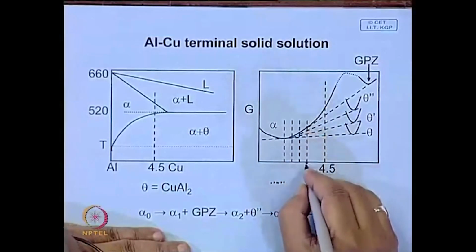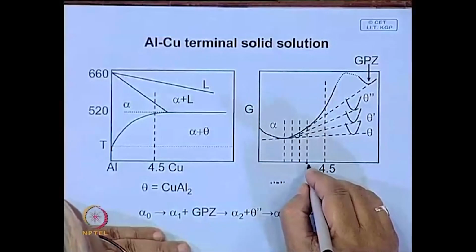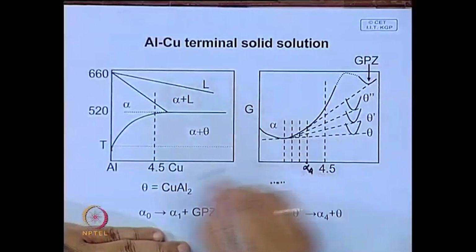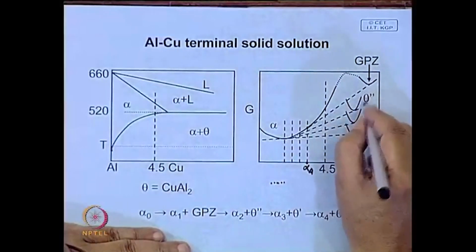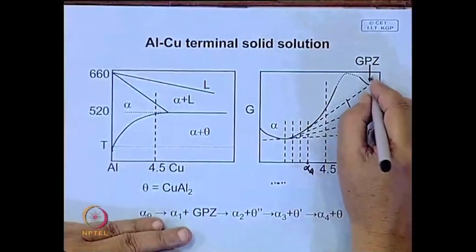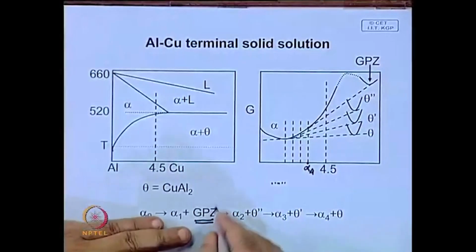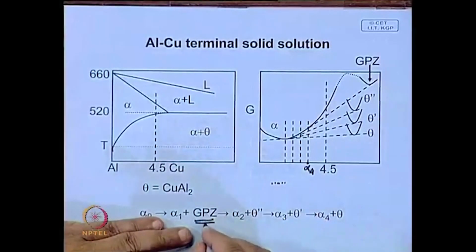This is, let us say, alpha 4. Similarly, it does not go through just one stage; depending on the composition, you can have multiple intermediate precipitates. The first precipitate, which is a cluster of copper atoms, is known as Guinier-Preston zones or GP zones.